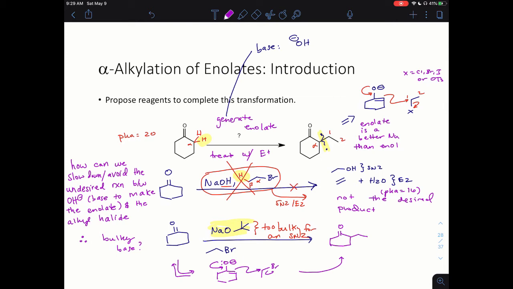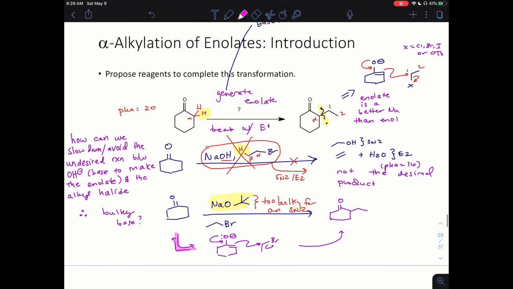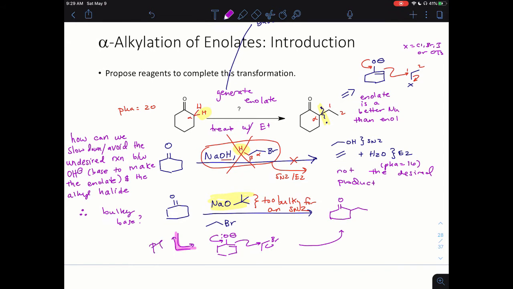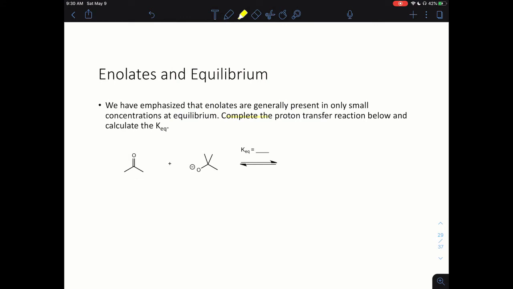Let's keep thinking about it. And I want to think more deeply about this proton transfer reaction. Let's consider this proton transfer reaction. Go ahead now, pause, and complete the reaction, calculate the Keq, add the curved arrows, all of that yourself.